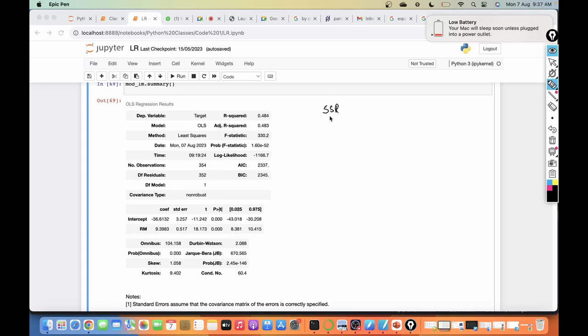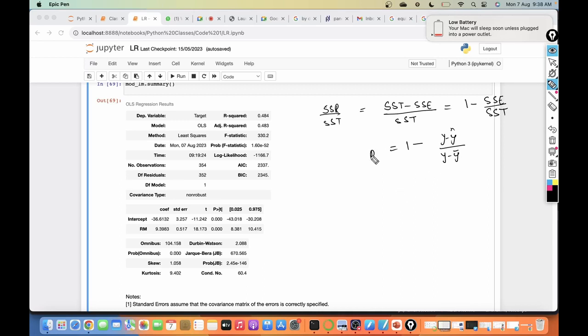Sum of square of residual by sum of square of total, right? Or we can say sum of square of total minus sum of square of error upon sum of square of total, or we can say 1 minus sum of square of error upon sum of square of total, or we can say it as 1 minus y cap upon y minus y average.